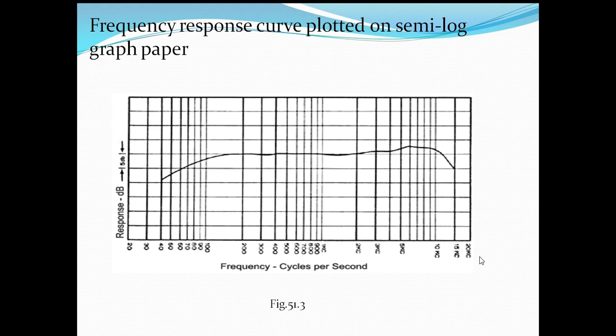Like this, up to several kilohertz we can draw on a single graph paper. Therefore, it is not possible on normal graph paper; it cannot accommodate several kilohertz. Therefore, to draw the frequency response of an amplifier, it is better to use semi-logarithmic graph paper.